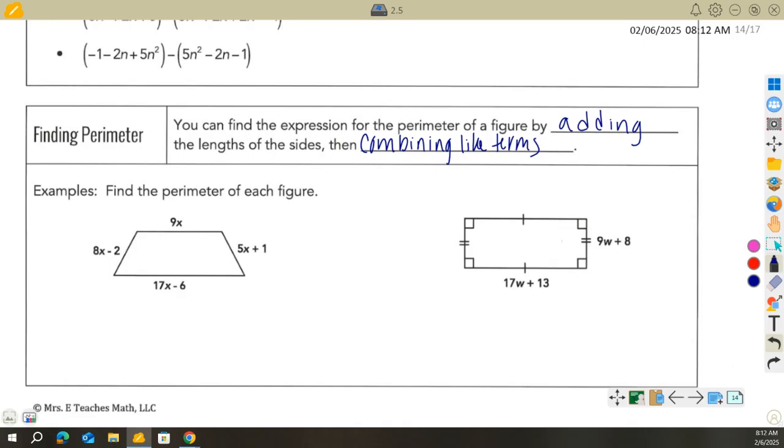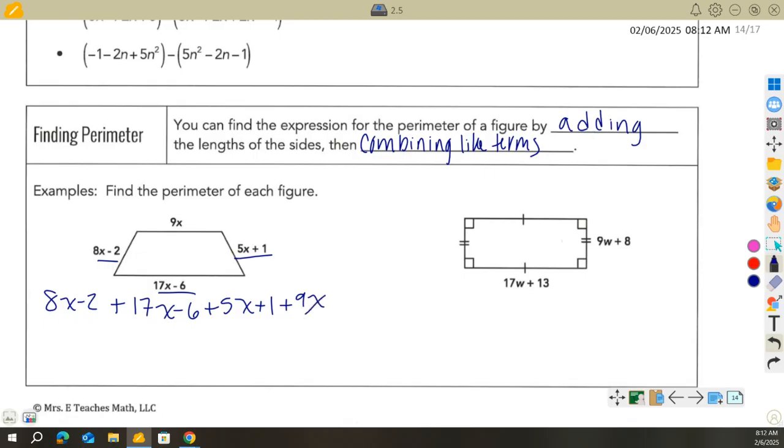So the perimeter, we are just adding the sides of our shape all together. So this has 4 sides. So I'm adding 8x minus 2 plus 17x minus 6 plus 5x plus 1 plus 9x.